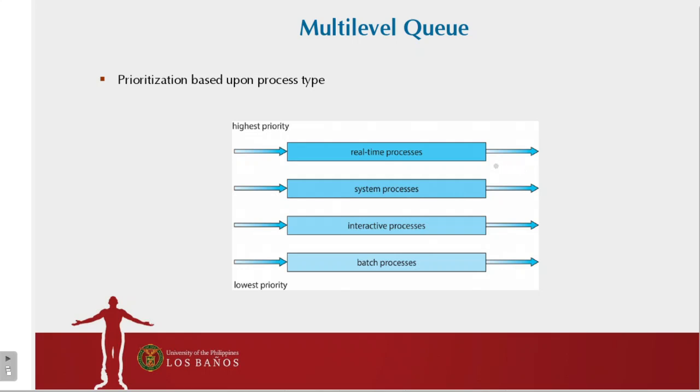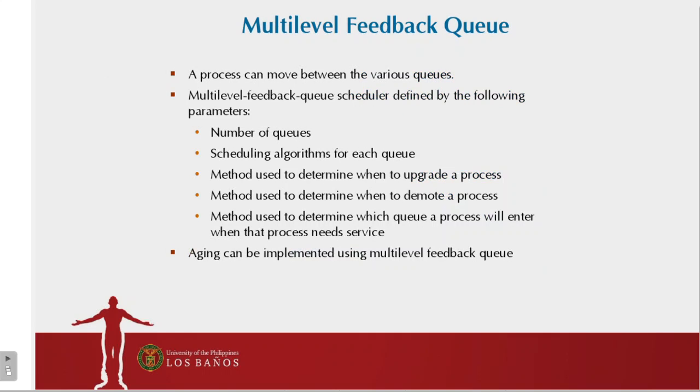So for example, you can have a queue for real-time processes, a queue for system processes, a queue for interactive processes, and a queue for batch processes. In modern operating systems, these are called scheduling classes actually. So that's another way to look at it.